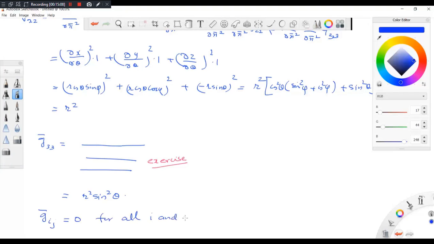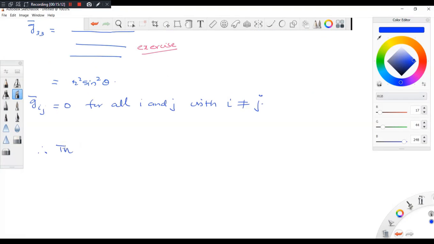Therefore the fundamental tensor G bar ij is given by this matrix which you have told: 1 0 0, 0 r² 0, 0 0 r² sin² theta. Okay, r² sin² theta.